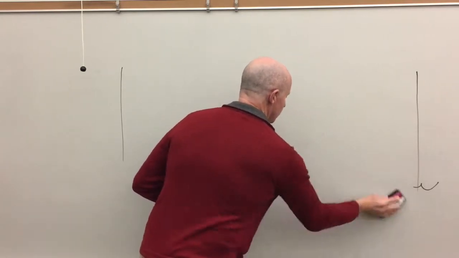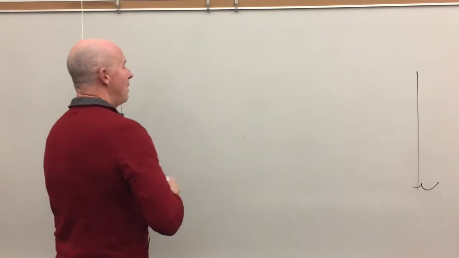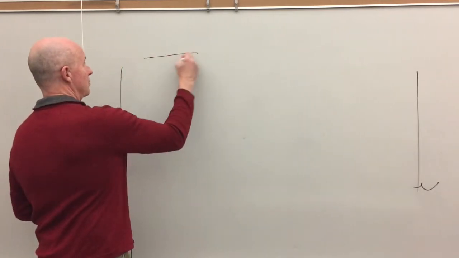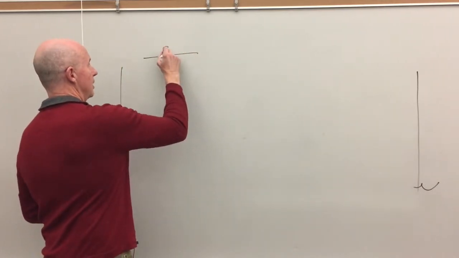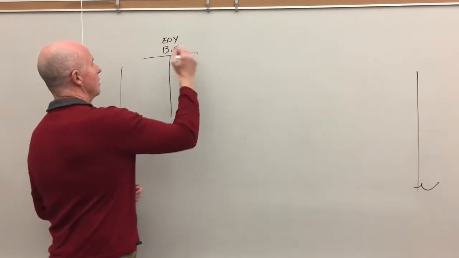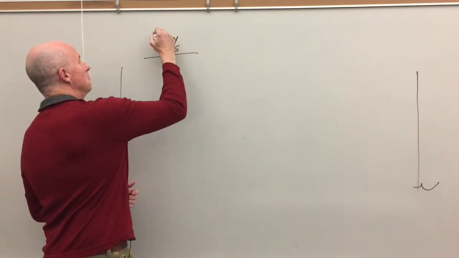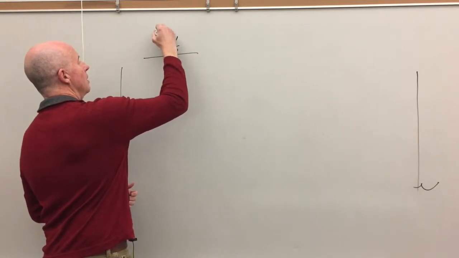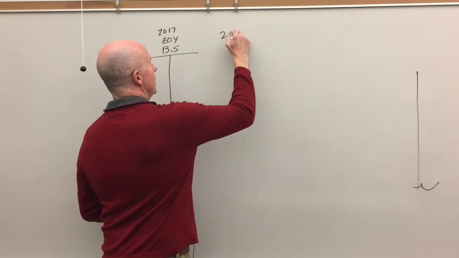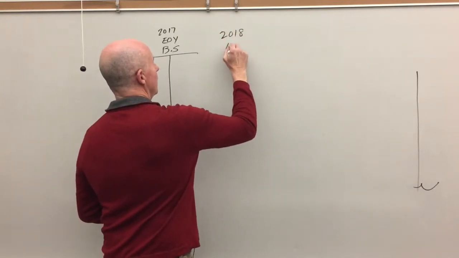I'm just going to give you a quick overview. A balance sheet is just a picture in time, a snapshot. It's what the house is worth now, or what all your assets are worth. You usually have one at the end of the year, so say this might be for the end of 2017. Now, during 2018, last year, you would have an income statement.